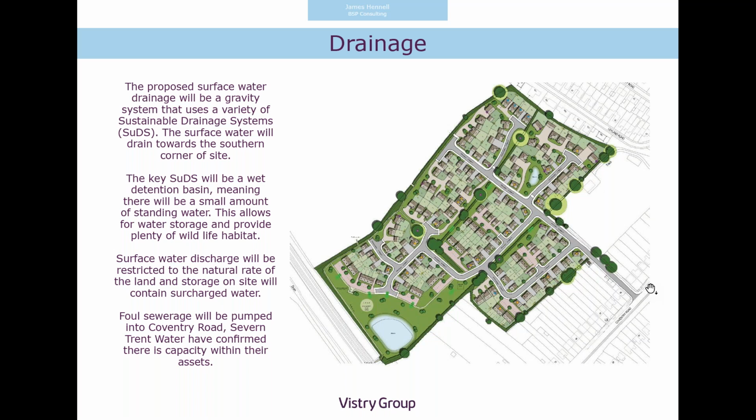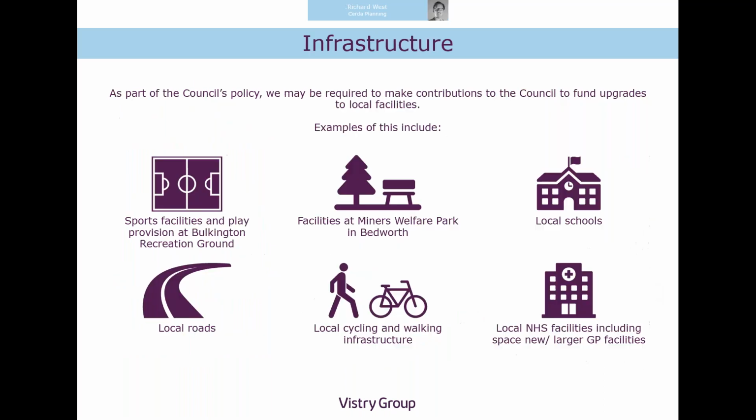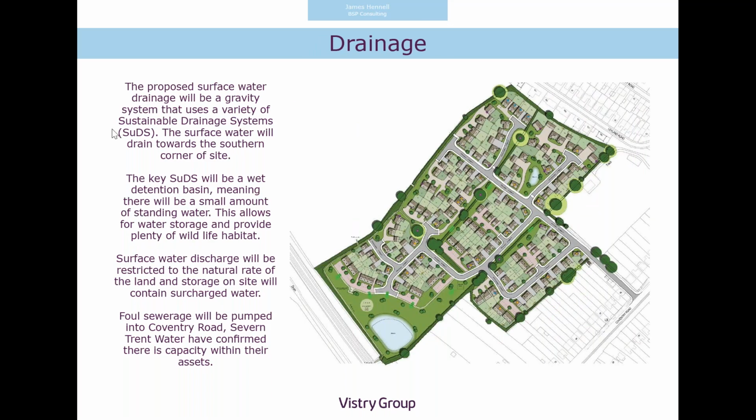At this stage, we have not finalised this with the council yet. There are two ways that we could approach this. The council may want to take ownership of maintenance of the spaces, or they may tell us to employ a management company to look after the open spaces.